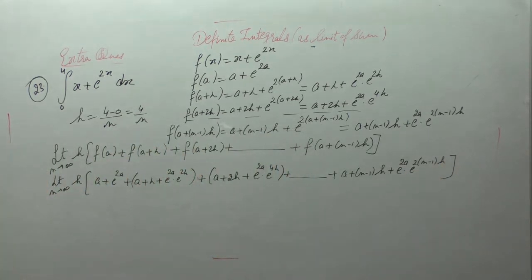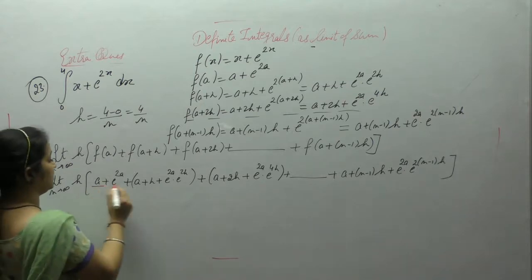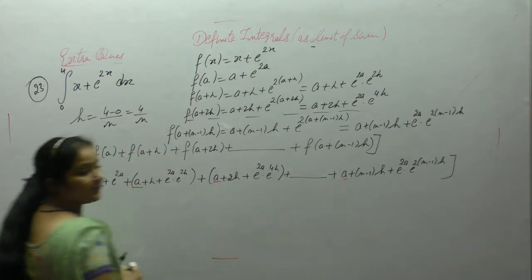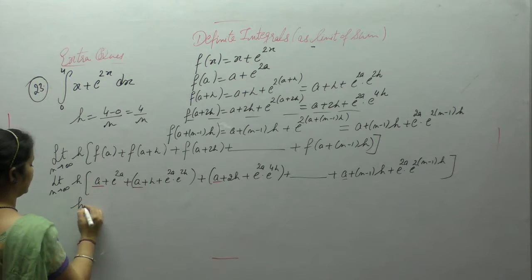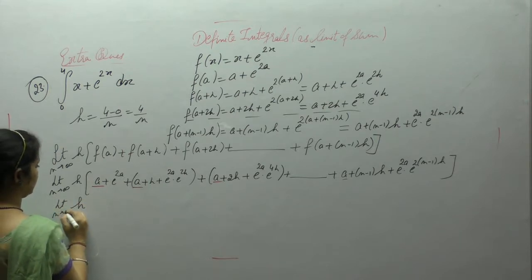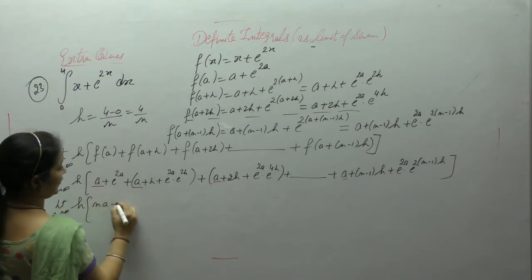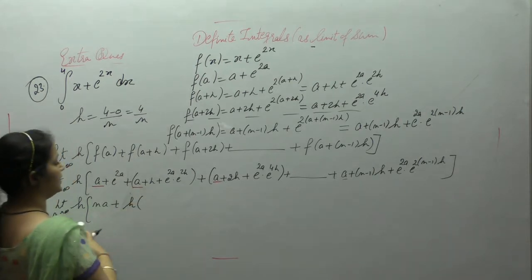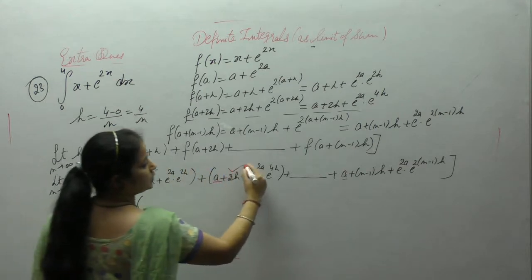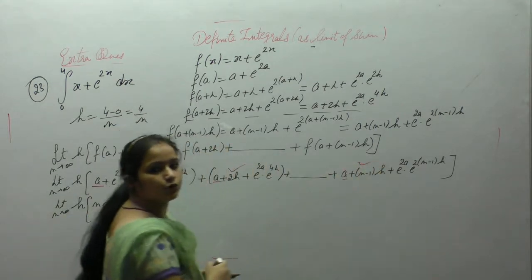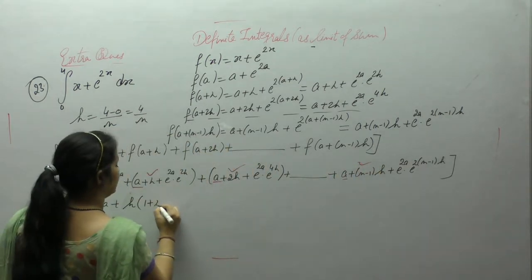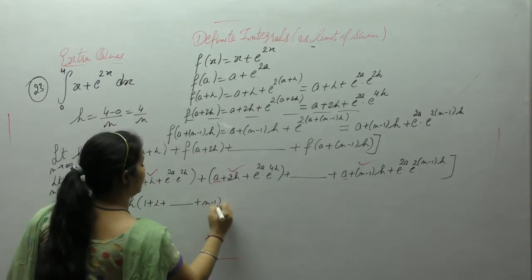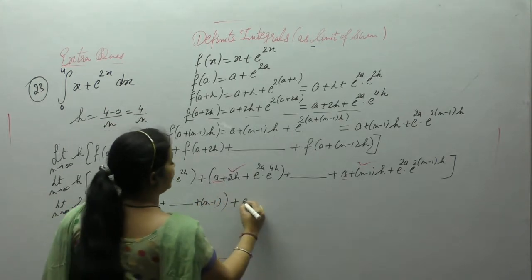Now a is common in all the terms, so a will come n times, na. Limit n tends to infinity, and a terms of h. Here we are left with 1, 2 and so on up to n minus 1. E^2a is common.